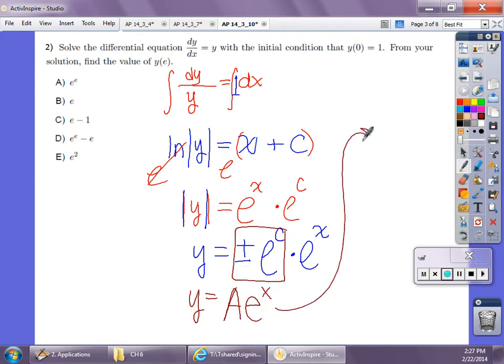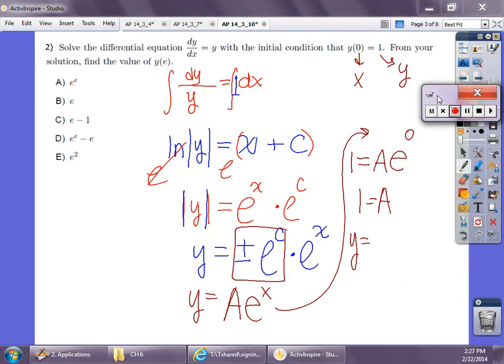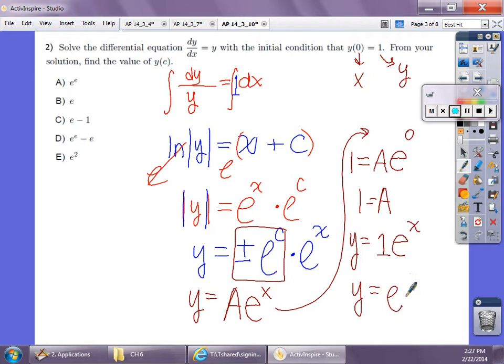And then I'm going to use my initial condition. This is my x, this is my y. So my y is 1 is equal to a e to the 0. E to the 0 is 1, so therefore a is equal to 1. And my final answer to the warm-up is y is equal to e to the x. So it's just e to the x, oddly enough.